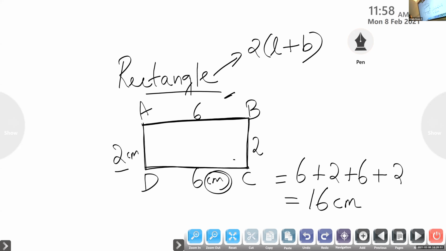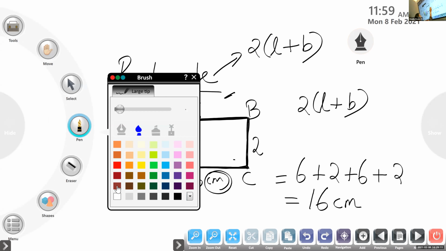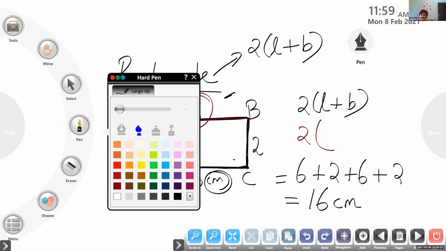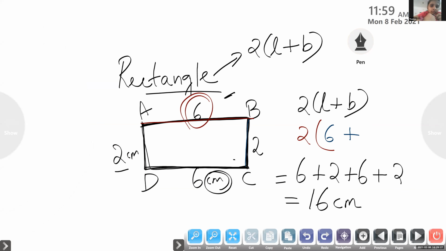So children, without using the formula, we just need to add the length of all sides. Now I'm going to use the formula, 2 times L plus B. So I will take 2 times, what is length? Children, look here on the board. The length is given as 6, plus, what is breadth?